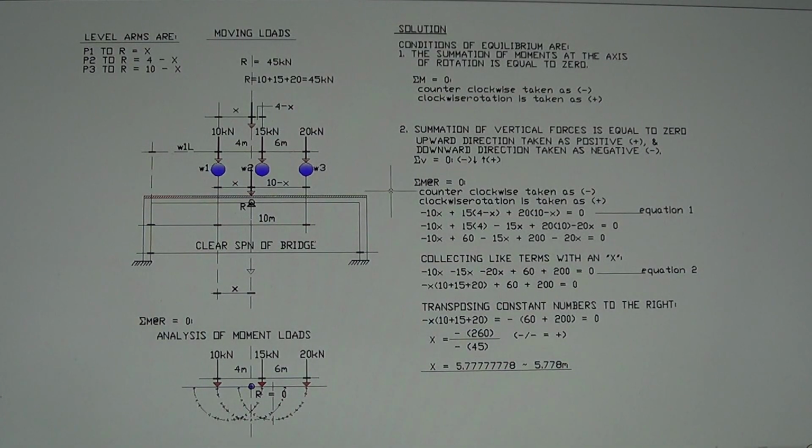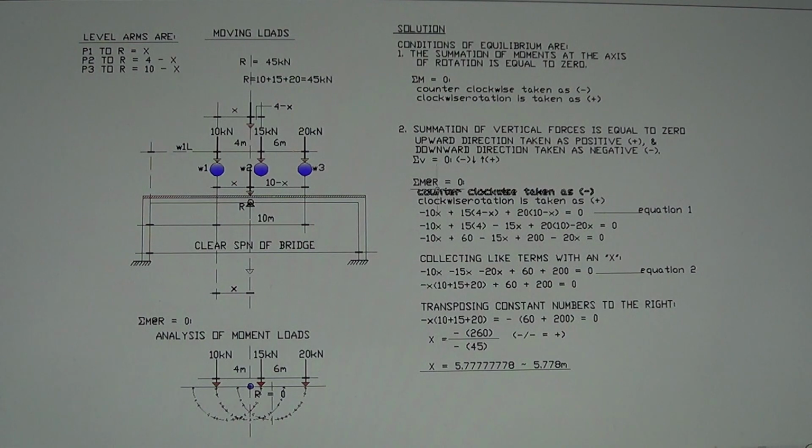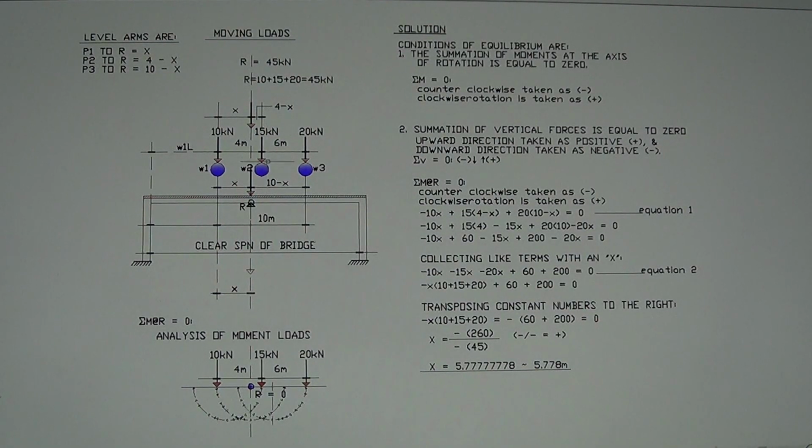So therefore, taking moment at R is equal to 0: for the 10, the lever arm we calculated is X, plus 15 times (4 minus X) right here, and then 20 times the lever arm, so (10 minus X), is equal to 0, and that is your equation 1.